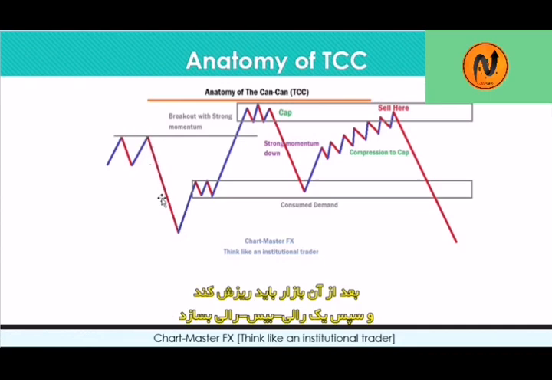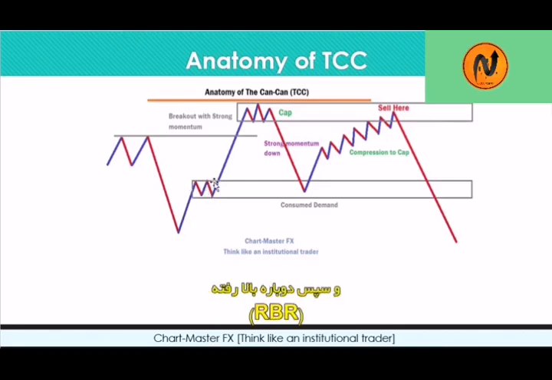As the market drops, we expect that when the market is coming from this side, it should do a base rally. So here we can see the market rallied up, created a base, and rallied up.